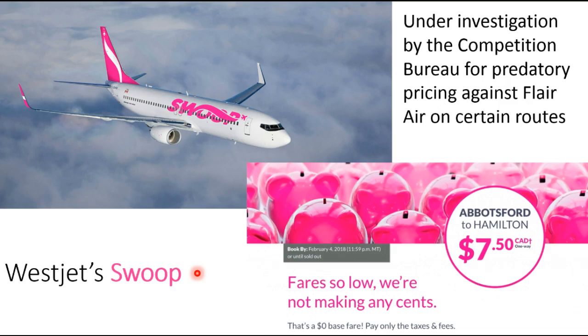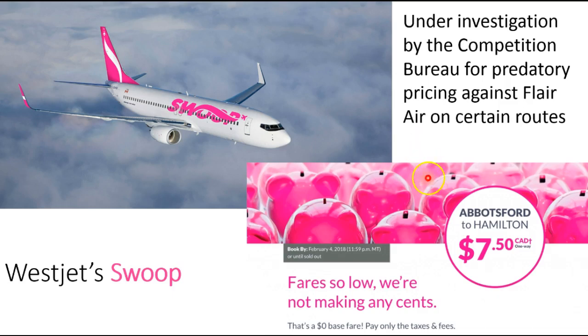And so what had happened was that there's a small airline called Flair Air, which travels certain routes that WestJet's Swoop also travels. And Swoop cut its prices to extremely low levels, and Flair Air complained to the Competition Bureau, and so an investigation was begun.